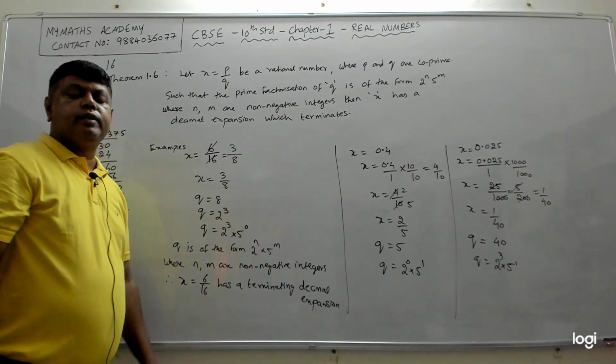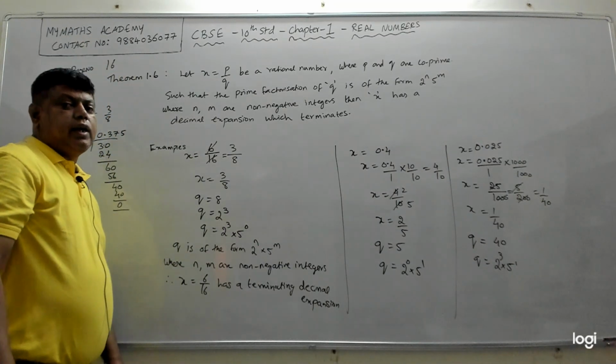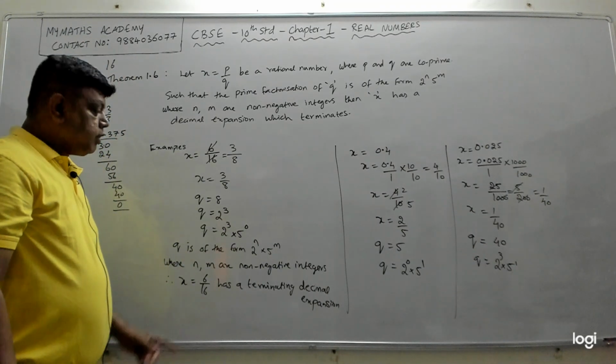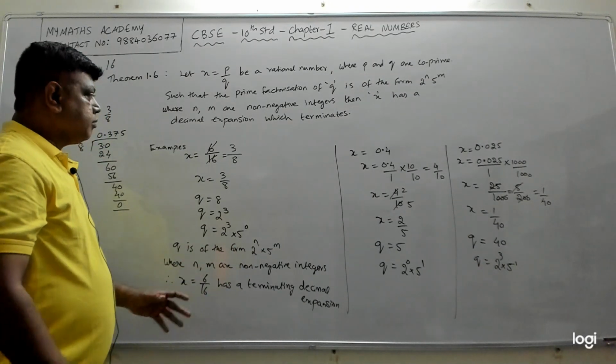Therefore we can say x will have a terminating decimal expansion. Whenever q is in this form, it has a terminating decimal expansion.